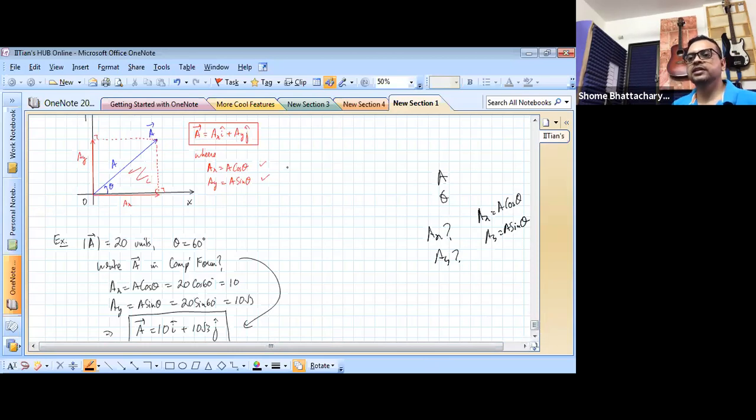But here we should understand what is theta? Theta is the angle of vector E with respect to the positive x-axis. Here theta is not the angle between A and B. Here theta is just of the vector A with respect to our positive x-axis.